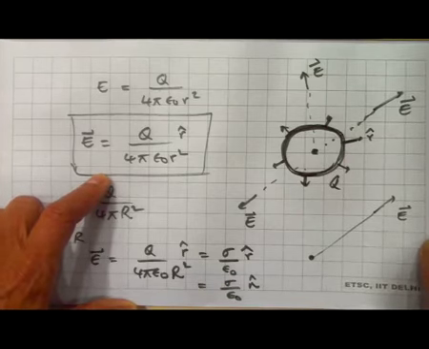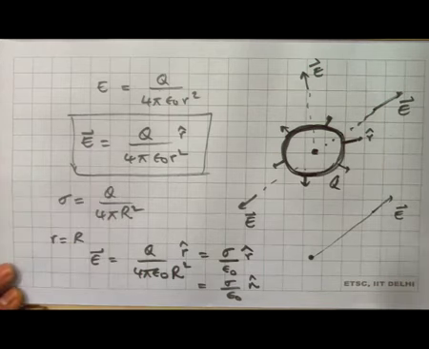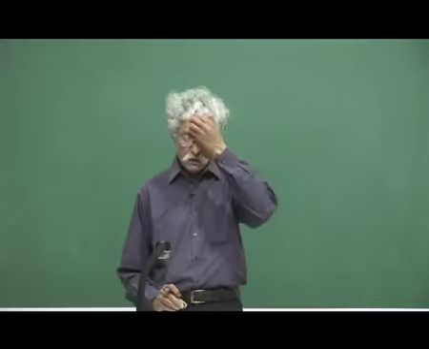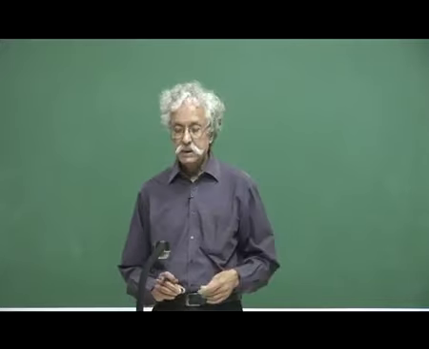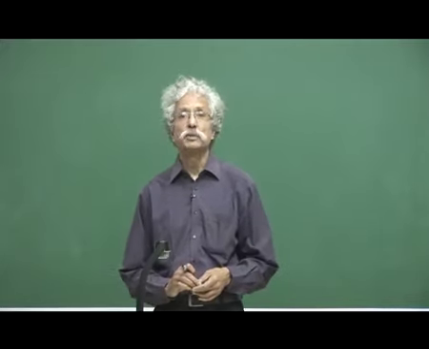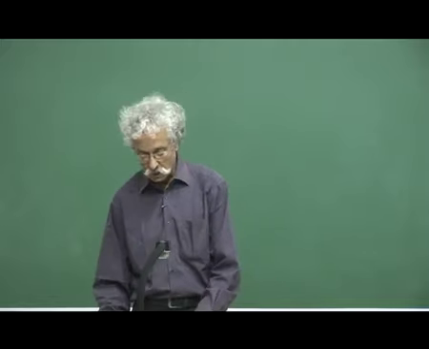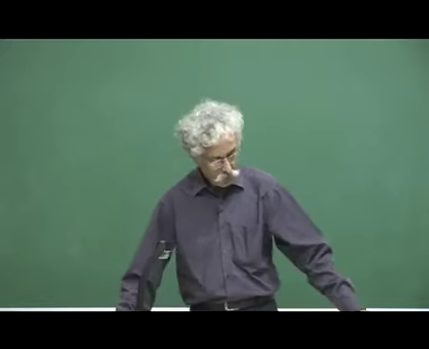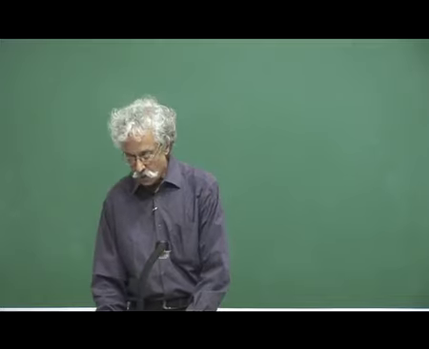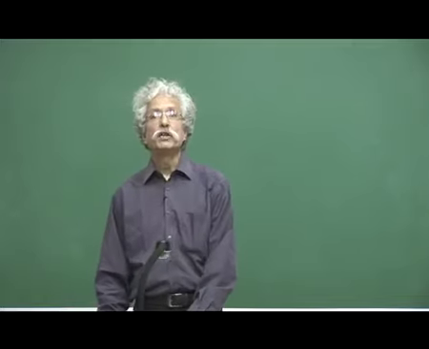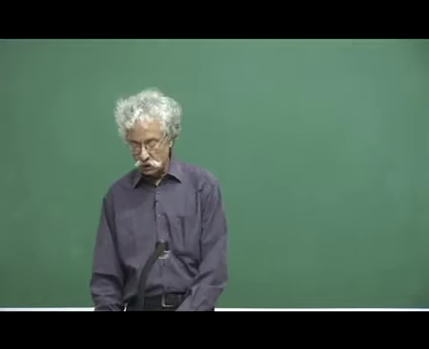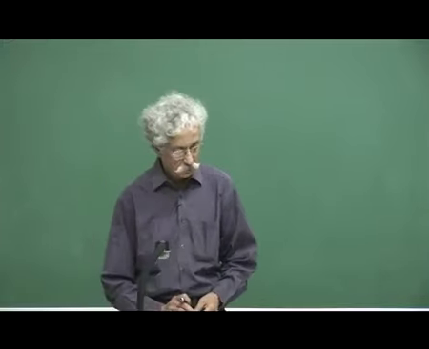You may have come across a similar situation in studying gravitation. The gravitational attraction of a spherical mass distribution is exactly the same as if the entire mass was concentrated at the center of the distribution. Because gravitational force and electrostatic force follow similar laws, the results are very similar.